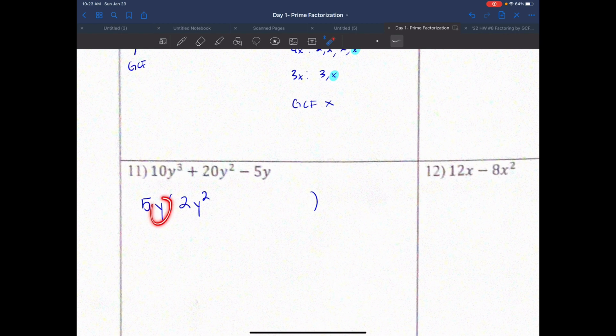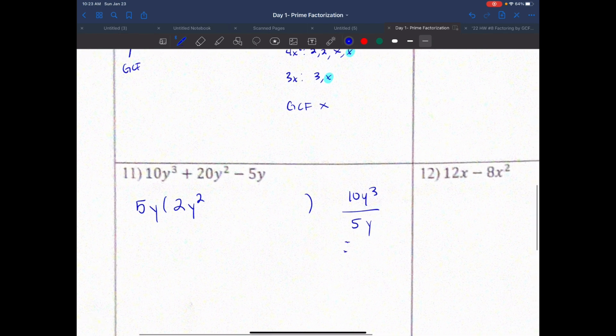And if you don't know, just do the math. 10y cubed divided by our GCF, 5y: 10 divided by 5 is 2, and y cubed divided by y is y squared. So that's how I got 2y squared.